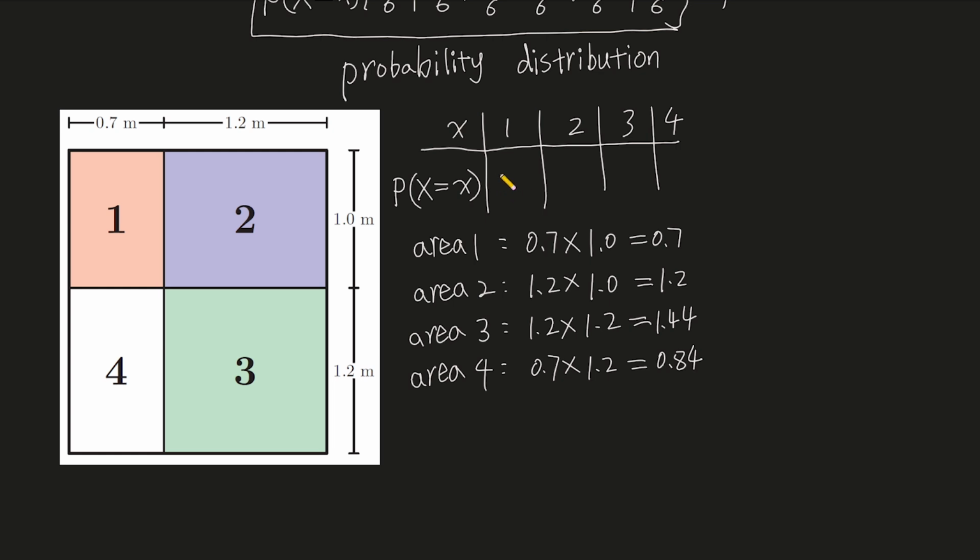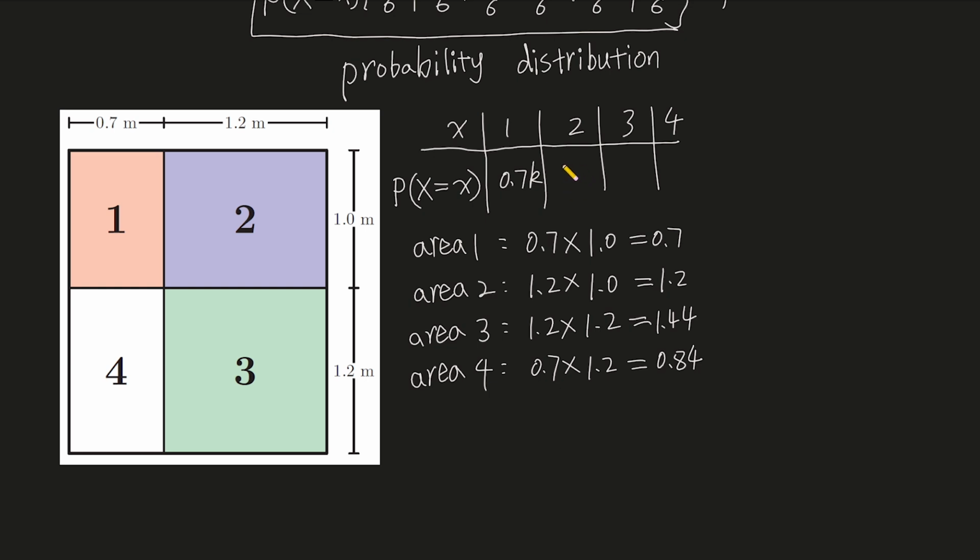The probability that the random variable equals 1 is proportional to area 1. So we can write this probability as 0.7k because area 1 is 0.7. We will get the value of k later. The probability that the random variable equals 2 is proportional to area 2.